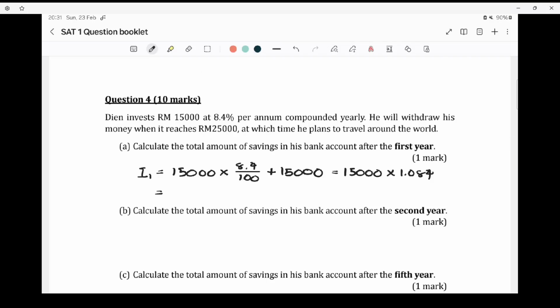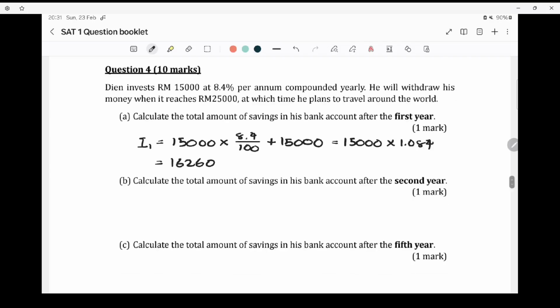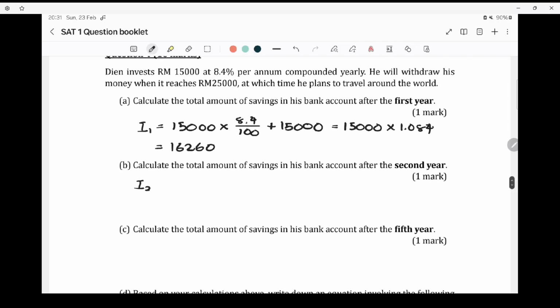So this will be 16260. Second year will be this multiplied with this. If you are familiar with investment and compound interest, probably this is a very easy question.